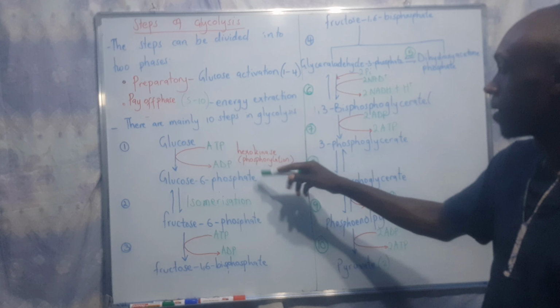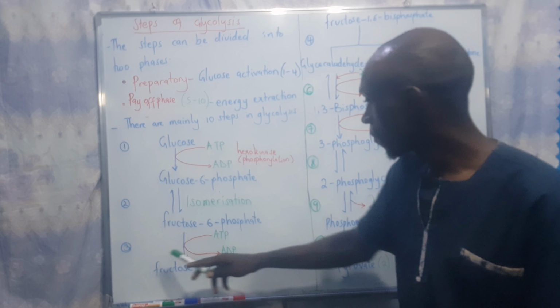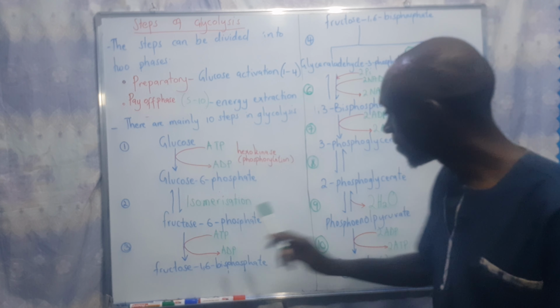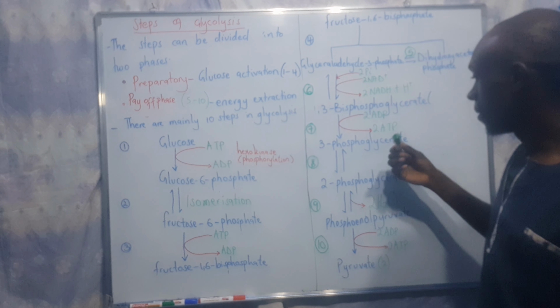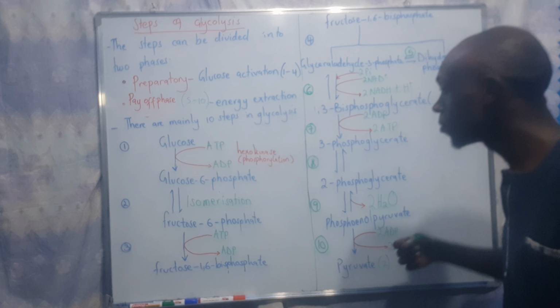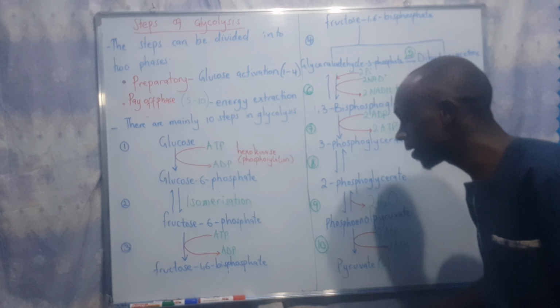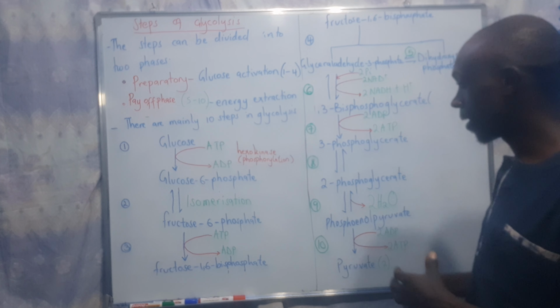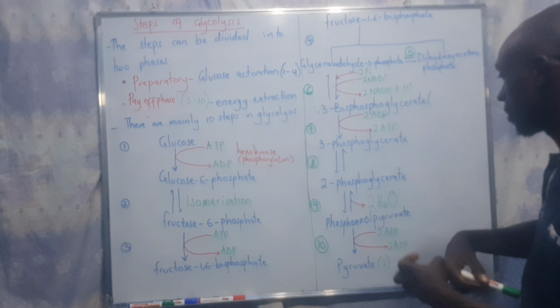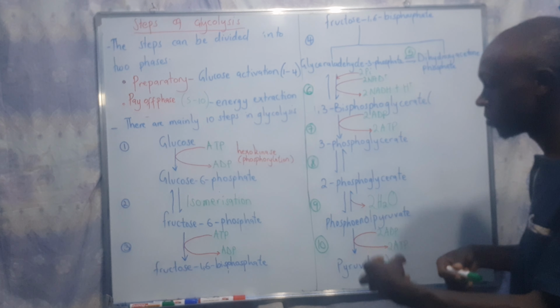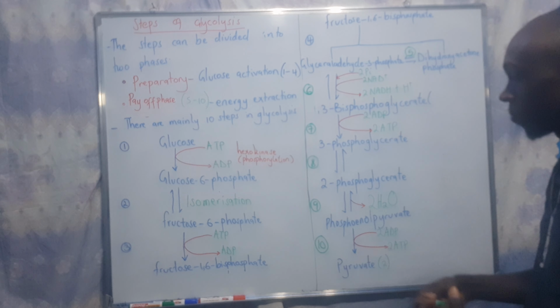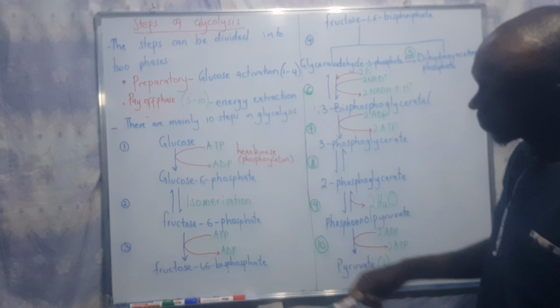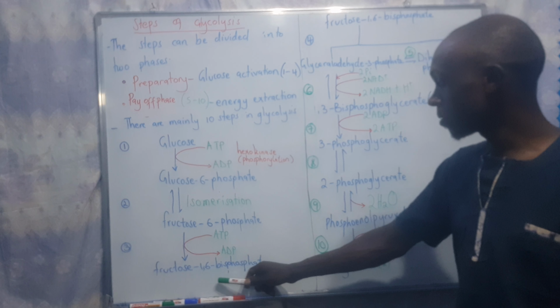So in stage 1 and stage 3, we have energy being invested, so that later on we're going to have more energy extracted, so that we can see what was invested, what was extracted, and then subtract. We have some profit, we can call it the net. So we have fructose 1,6-bisphosphate.